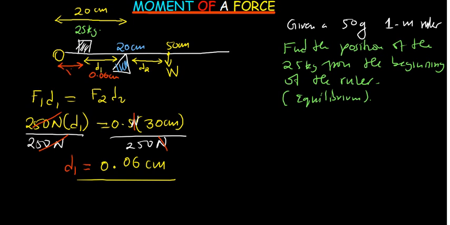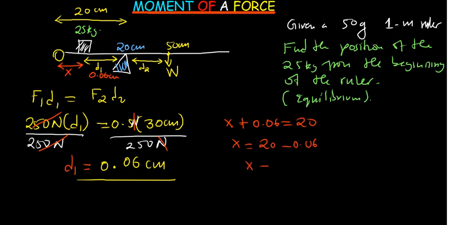What will this be? If we add this distance x with this 0.06, we should be able to get the total distance from the beginning of the ruler to the pivot. So we'll say x plus 0.06 should be equal to 20. We'll take the 0.06 to the other side, so x is going to be 20 minus 0.06.